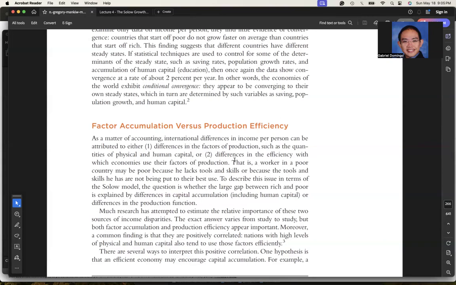Whatever growth is left after that is accounted for by the growth in factors, the residual, is going to be due to differences in the efficiency with which economies use their factors of production.